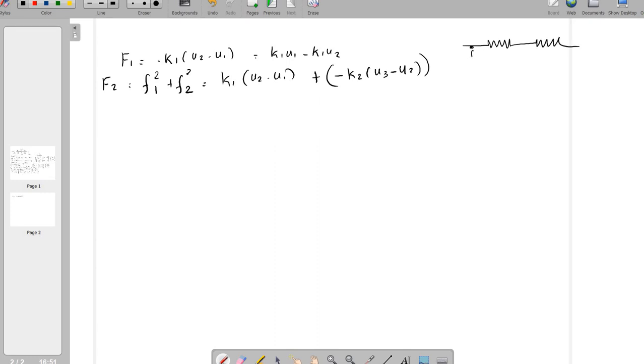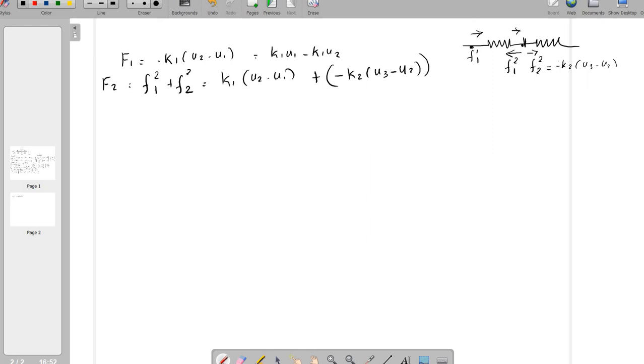Here at the first node we have formulated the first element, first node force vector. At node 2, here we should consider the first element force matrix at node 2. Here we should consider the second element force matrix at node 2. So this force matrix is minus K2 (U3 minus U2), because for the first node it is a compression force, at the second node of the first element it is a tensile force.